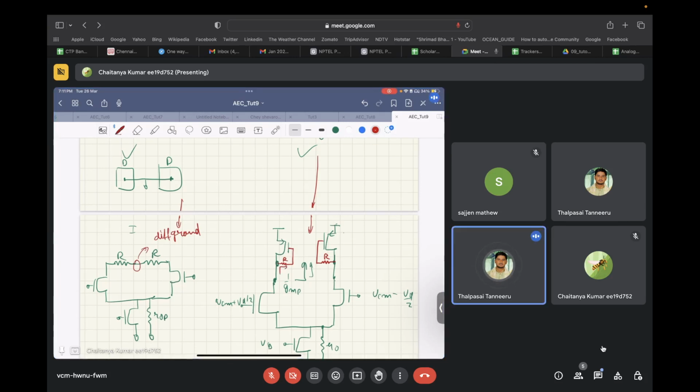No. So if no current is flowing through this particular resistor, what will be the voltage across this resistor? Yeah, 0, sir. So will it have any impact on the circuit? Oh, okay. No, sir. Okay, so the load is still 1 by GMP.